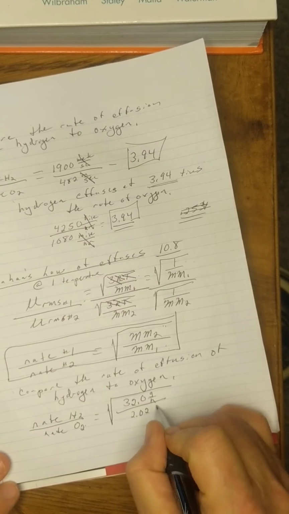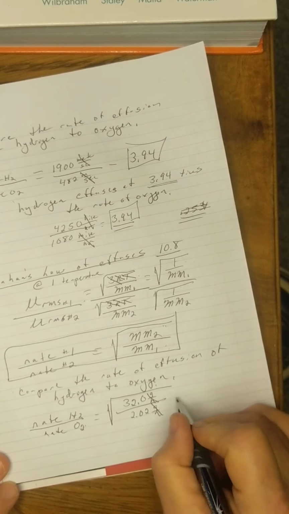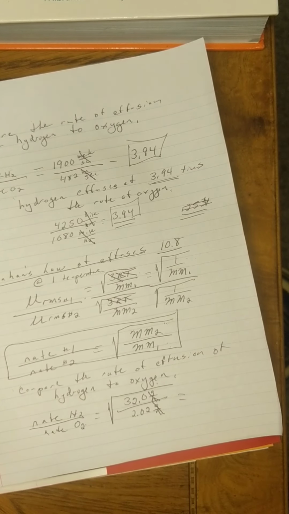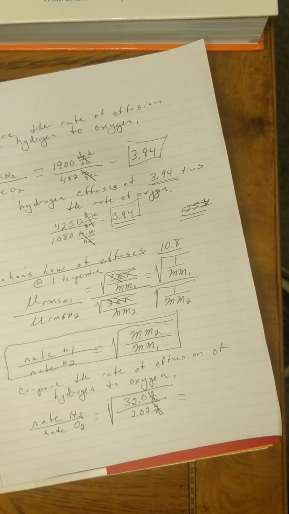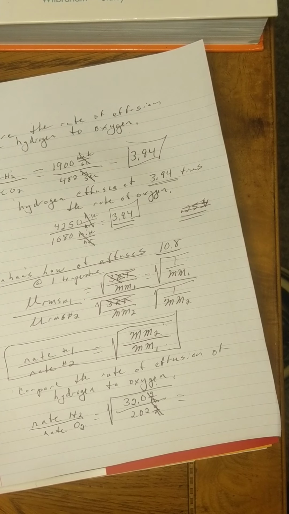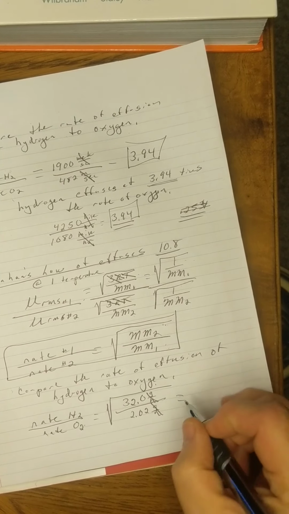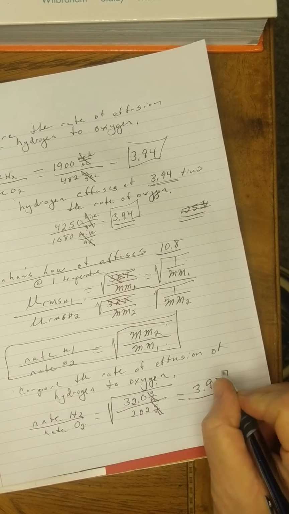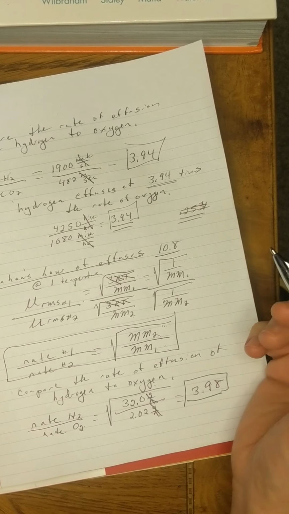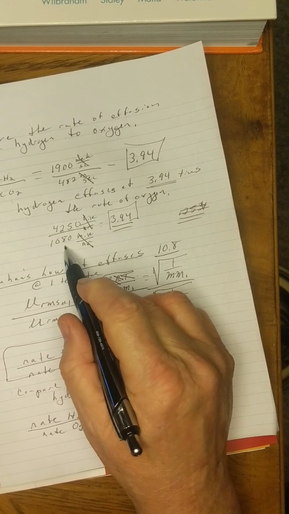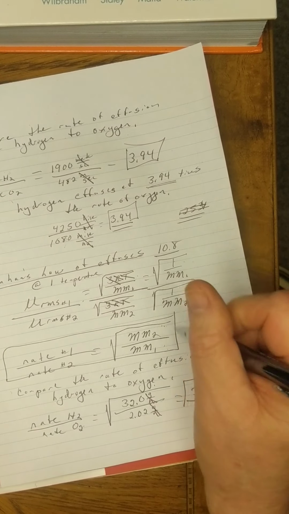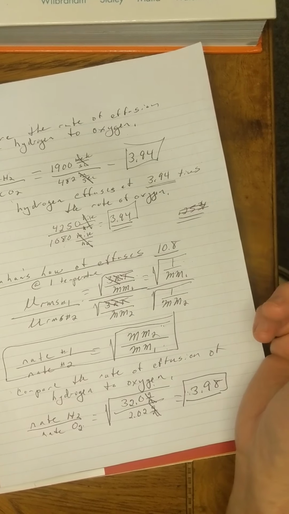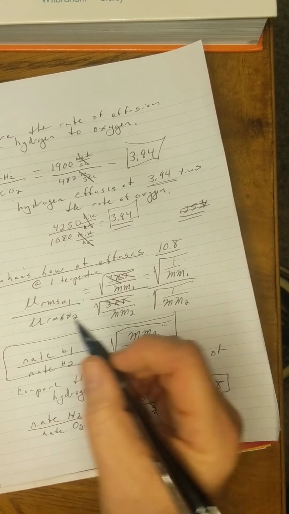Hydrogen is 2.02 grams per mole. Units cancel out. 32 divided by 2 is 16. Close to 16. 32 divided by 2.02, take the square root, and the answer here comes out to be 3.98. Now I would say the only difference would be the sig figs I used here. Pretty much getting the same ratio, and that's Graham's law.